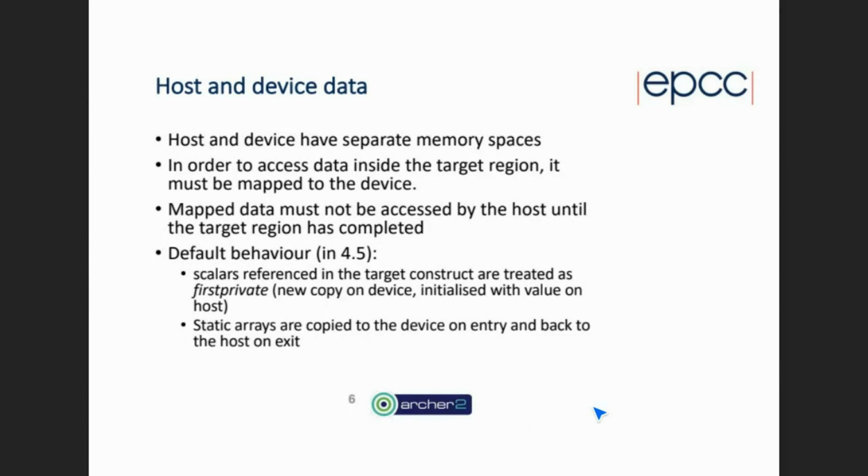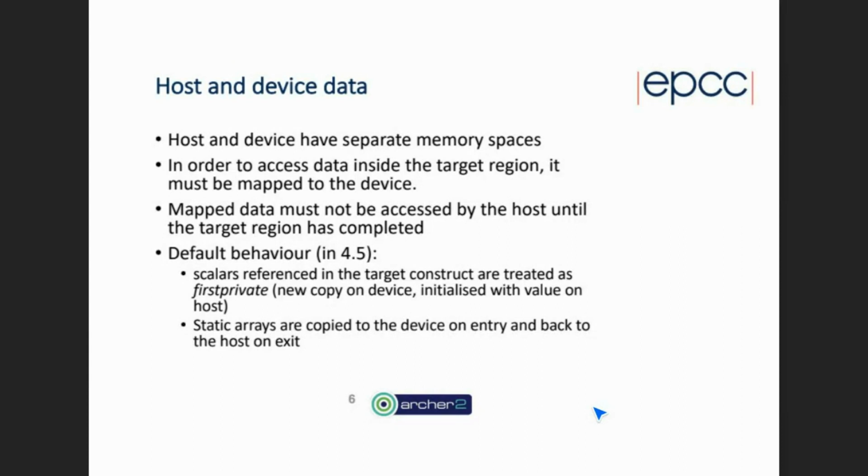The default behavior changes depending on which version of OpenMP, but basically scalars that are referenced in the target construct are treated like firstprivate variables. So you get a new copy on the device, initialized with the value on the host.